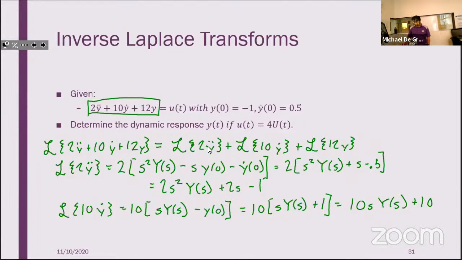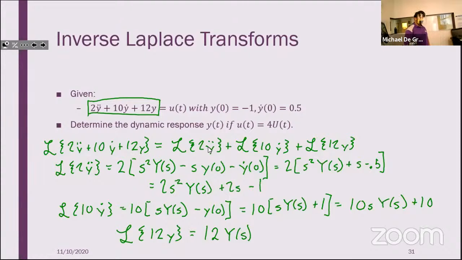Well, the Laplace transform of 12y, right? How do we handle this one? It's just this. The Laplace transform of a function, and this is going to sound really stupid when I say it, and I understand that fully, but the Laplace transform of the function is the Laplace transform of the function.